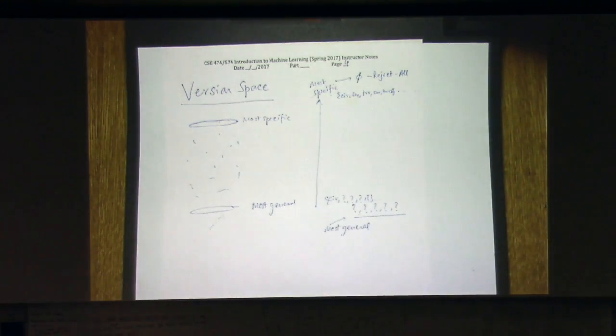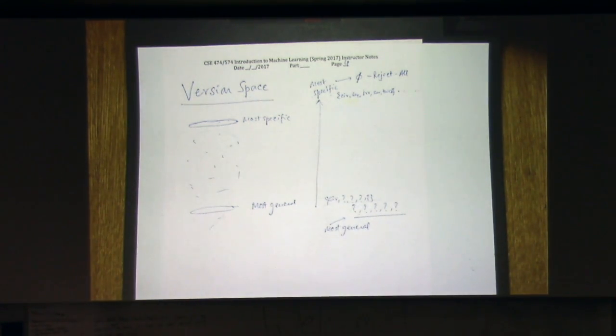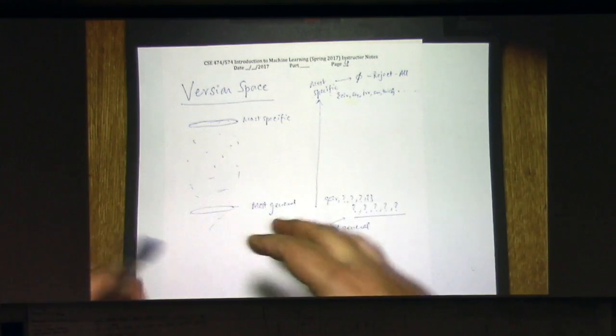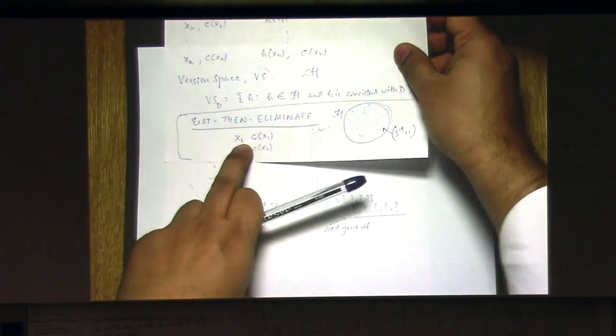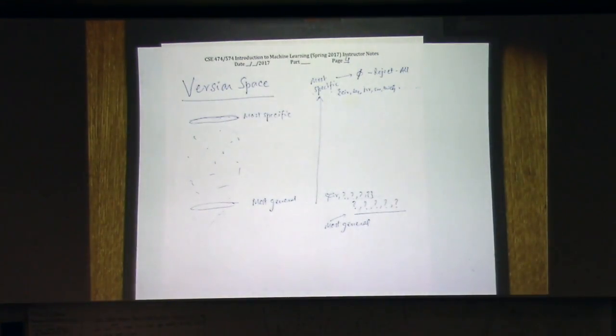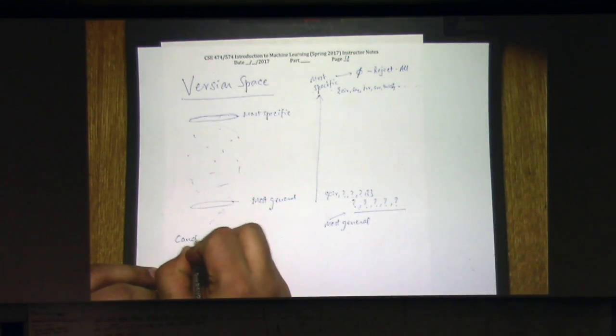So that significantly compresses the version space. Instead of trying to learn everything in the version space, which our favorite algorithm, list and eliminate, was doing, we will only learn the boundaries and that will be enough. And that is what the algorithm called candidate elimination does.